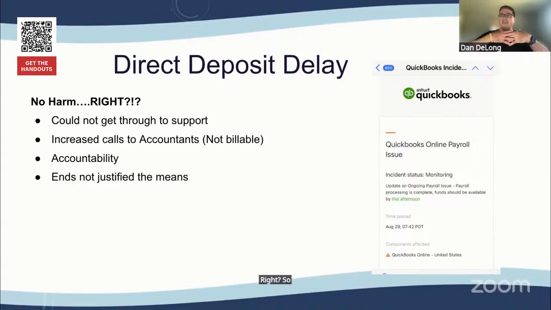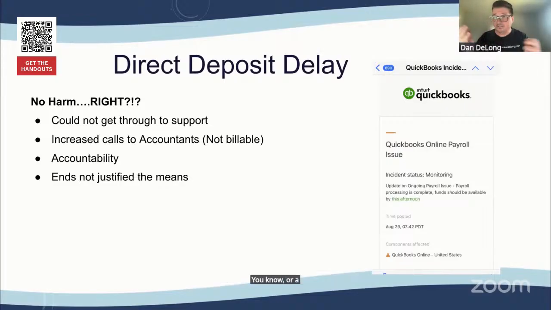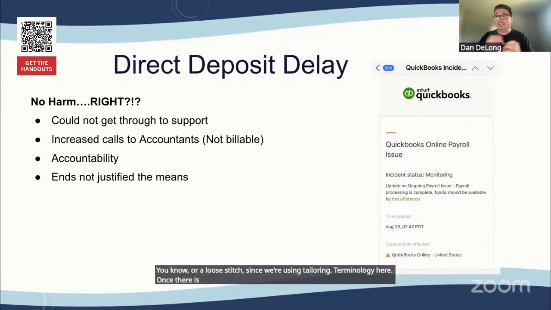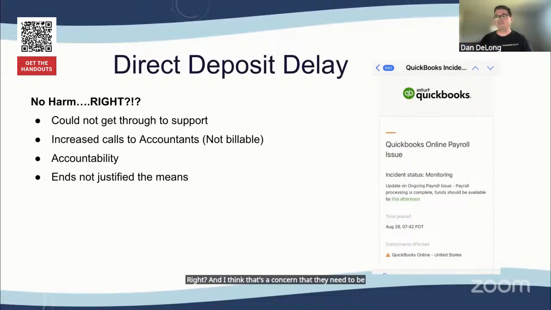So with Intuit Enterprise Suite, having this whole promise of everything being so seamless, once there is a seam, or a loose stitch, since we're using tailoring terminology here, it doesn't take a long time for the whole thing to become unraveled. And I think that's a concern they need to be aware of.